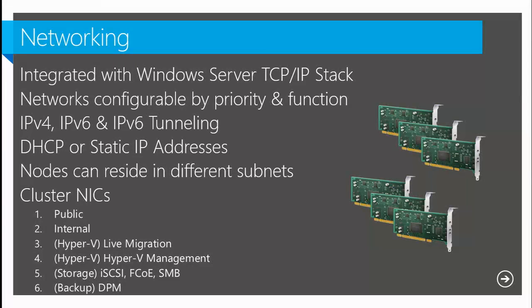Now, a lot of people ask, though, how many NICs do I need for my servers? And this is one of the more challenging things because it really depends on what roles you're going to use as part of your cluster. Now, by default, you're always going to have at least 2 NICs, right? We always need 2 for redundancy. And so the 2 basic ones that you're always going to have is one for the public network.